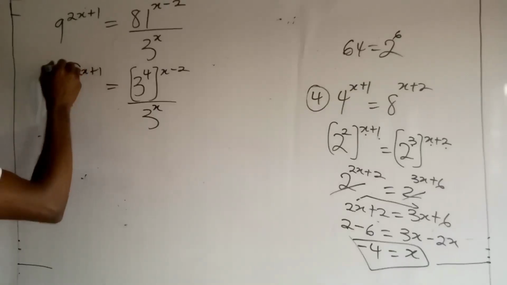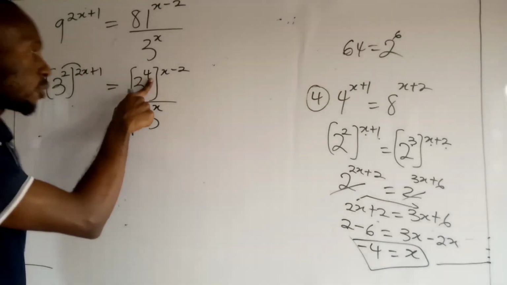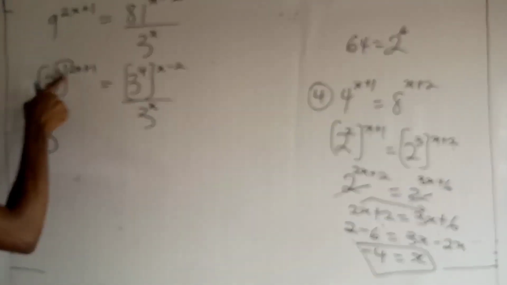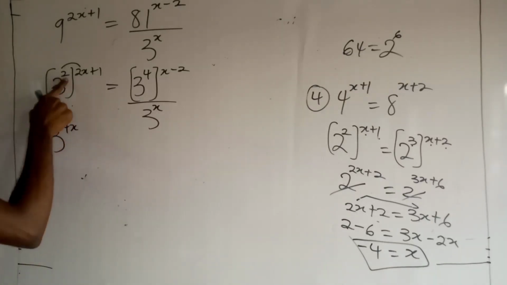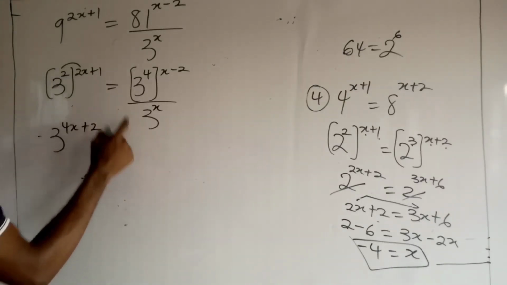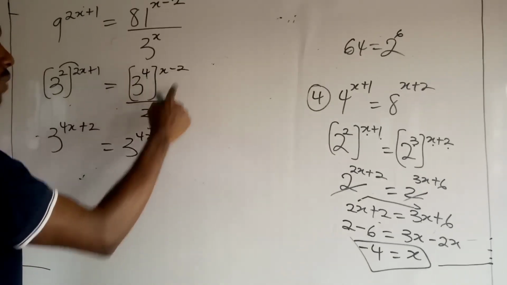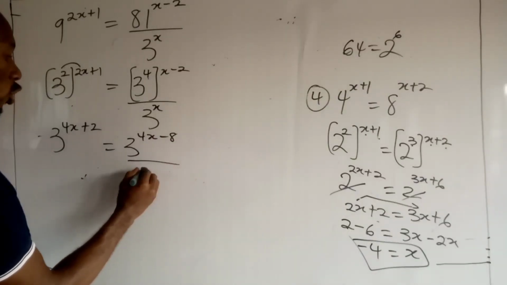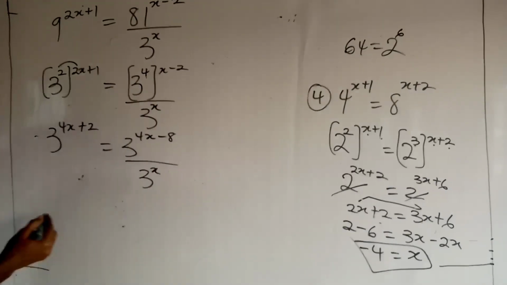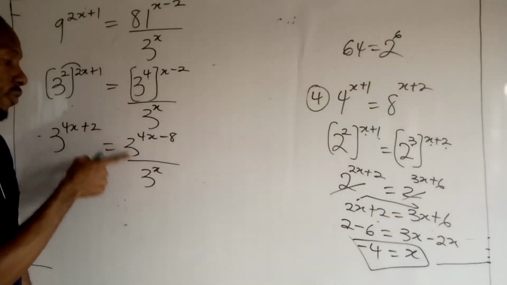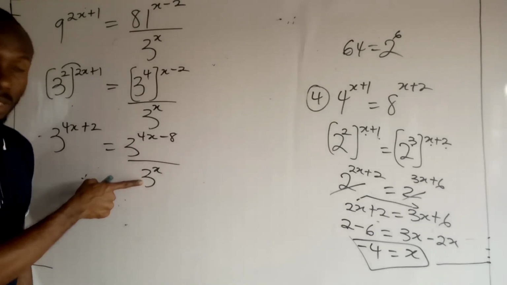Now you want to distribute because these are product exponents. So you have 3 to the power 2 times 2x, 4x, and 2 times 1 is 2. Then the other side will be 3 to the power of 4x, then 4 times minus 2 is minus 8, upon 3 to the power x. Now you can apply the idea of indices because they have the same base and they are dividing.